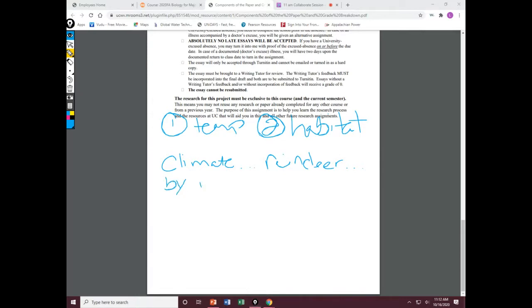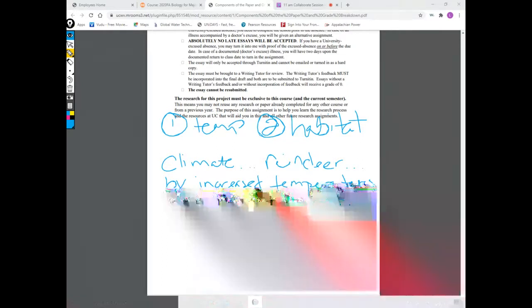By increased temperatures. There's my topic 1. Temperatures. And okay, habitat fragmentation. I'm going to run out of room, so we're going to shorten that.